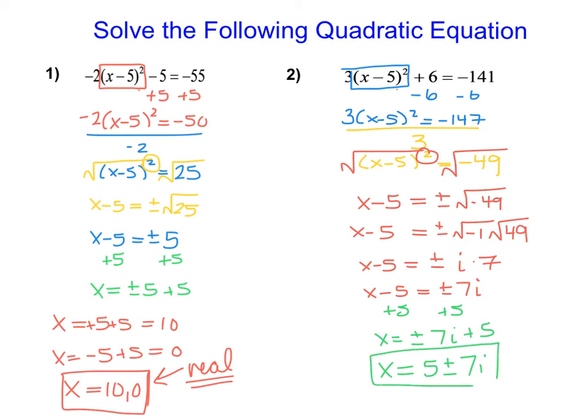So that accounts for both answers, the answer where it's 5 plus 7i and the answer where it's 5 minus 7i. So here, because we have i's in our solution, we have two imaginary solutions. So you can see real solutions do not have the imaginary i, and imaginary solutions do have this imaginary i piece there.